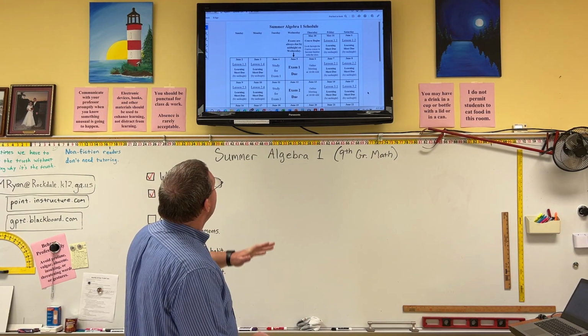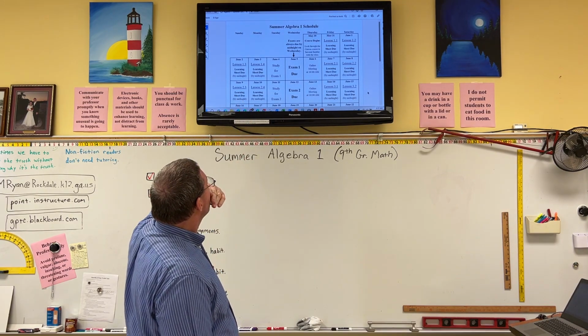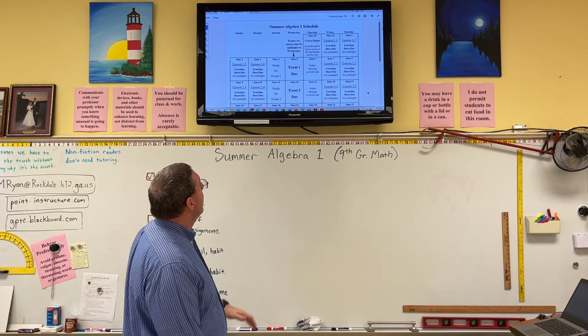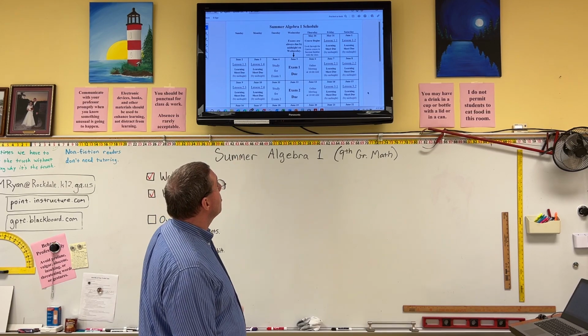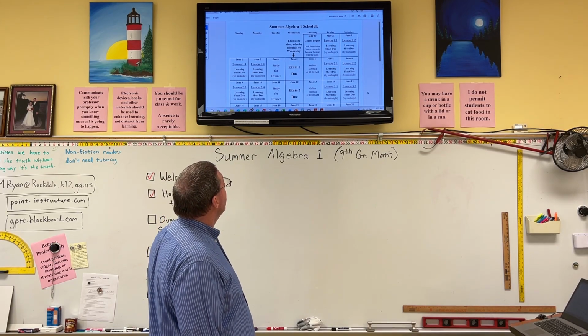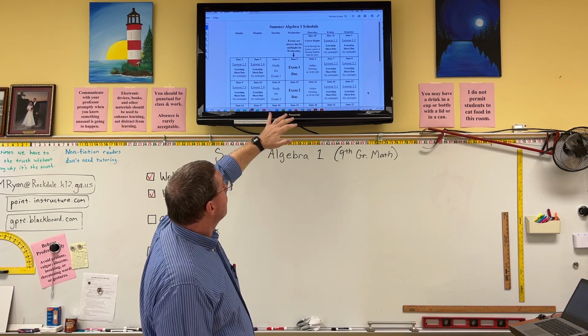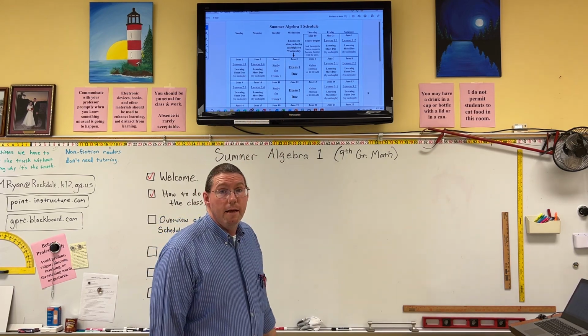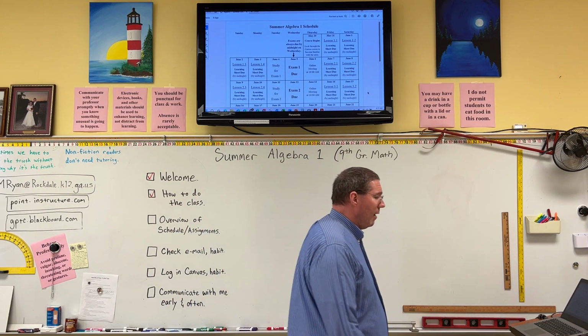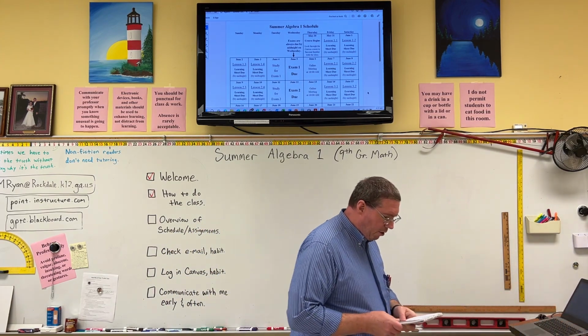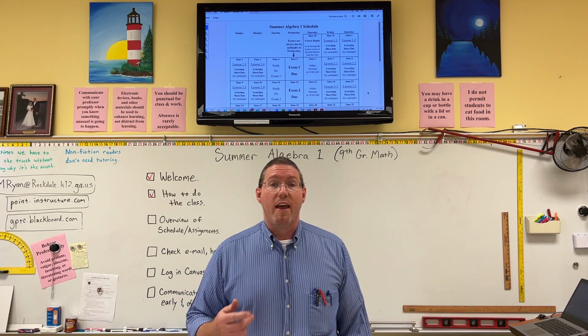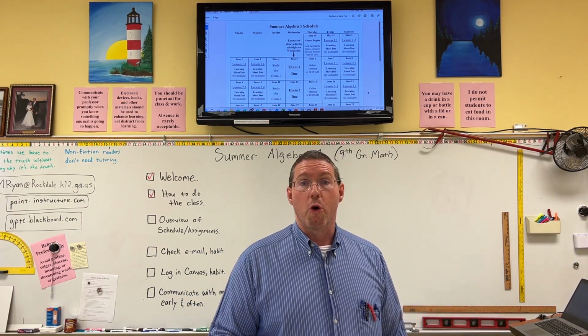So there is a summer Algebra 1 schedule. This is the one for the first year that we're doing right now. And it has every single day: we start on May 30th, then May 31st, June 1st, June 2nd, etc. Okay? But let me give you the highlights here. Basically, here's what's going to happen. You are going to take one exam per week.